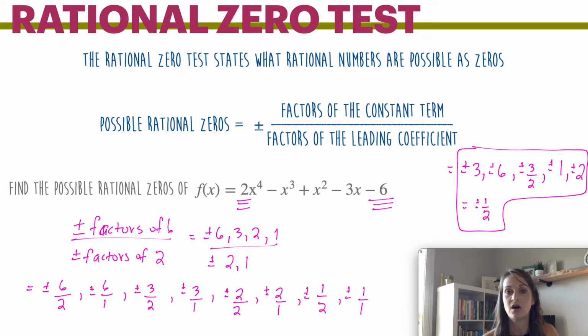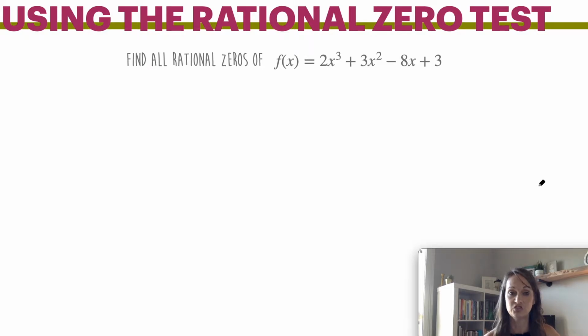So these are all of the possible factors of this function. And what that means is if we used synthetic division to determine if any number is a factor, we would plug these numbers into the shelf and figure out which one of these numbers will give us a remainder of 0. So let's try it.